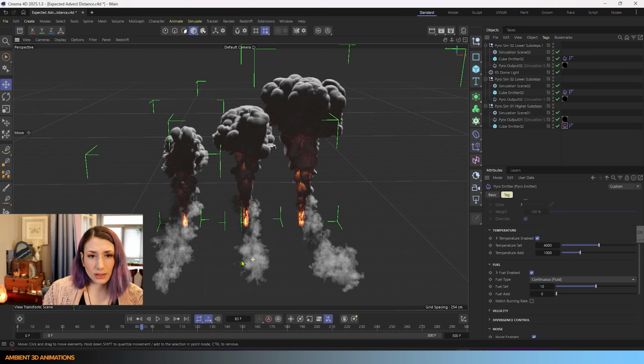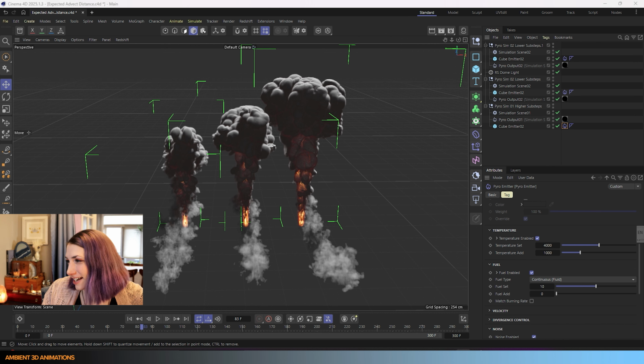So the first thing that we need to know is that the Pyro simulation inside of Cinema 4D is considered a fluid simulation. So it's good to know what a fluid is in terms of physics.